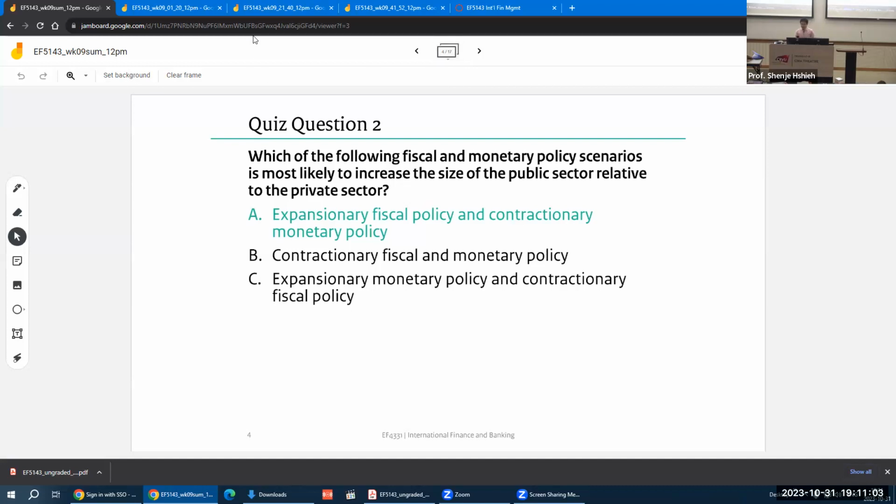All right, so based on A, B, and C, each of them has an option for expansionary fiscal policy and monetary policy. So let's just look at fiscal policy. How do you increase the size of the public sector using fiscal policy? You obviously increase government spending.